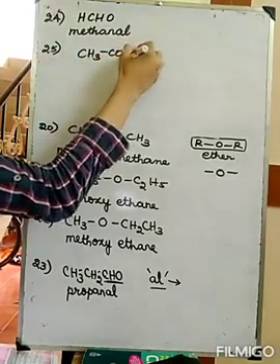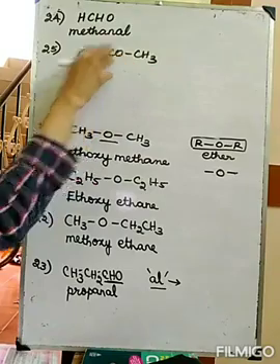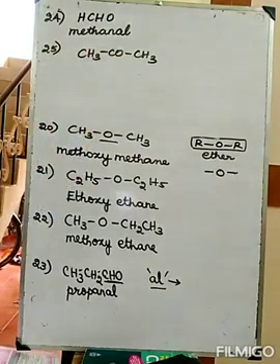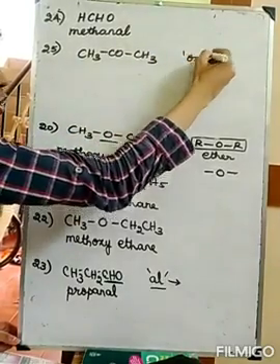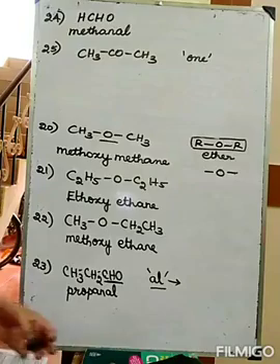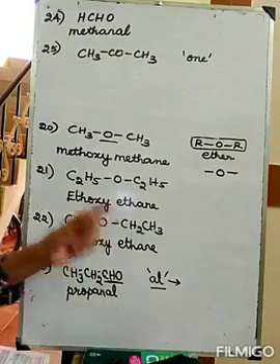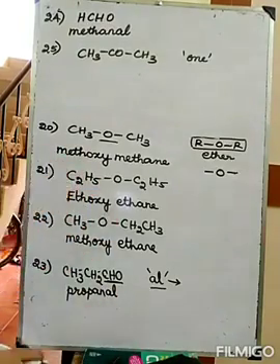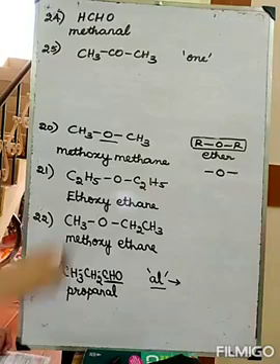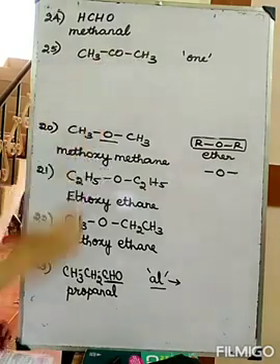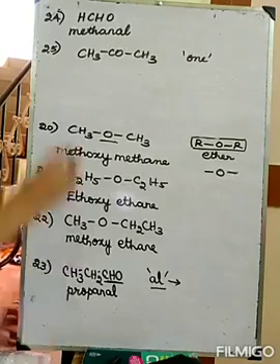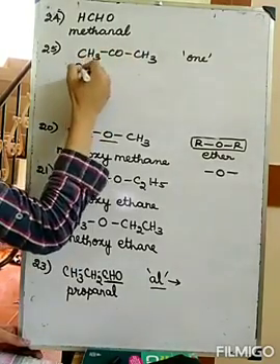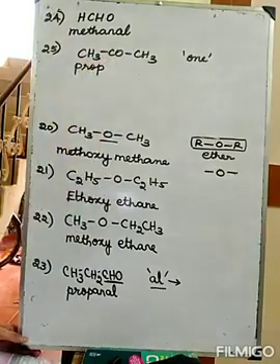CH3COCH3. CO is what functional group? Ketone functional group. So for the ketone functional group, what is the suffix you have to add? One. It is not one, it is on. Ketone, so you should pronounce it as one. How many carbons are there? 3. 3 carbons means it is prop.